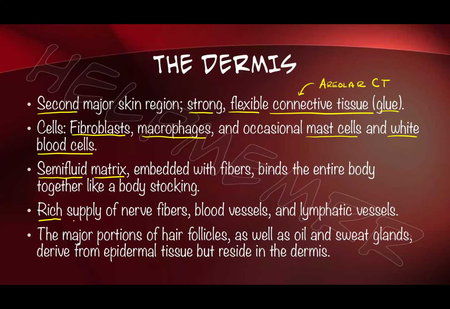Also, this is going to be rich in supply of nerve fibers, blood vessels, and lymphatic vessels because the epidermis, being made up of epithelial tissue, has literally no vasculature. If you've ever had a paper cut on your hand or finger, and it didn't bleed, but it hurt like heck, if it didn't bleed, you didn't get past the epidermal layer.